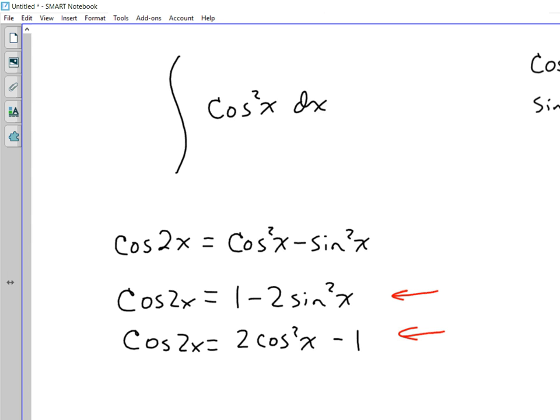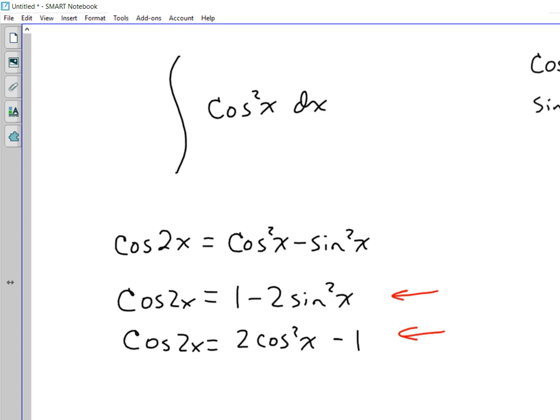Which means that if I have an integral that contains a nice simple little square, I can use these substitutions to turn a squared thing into not a squared thing.